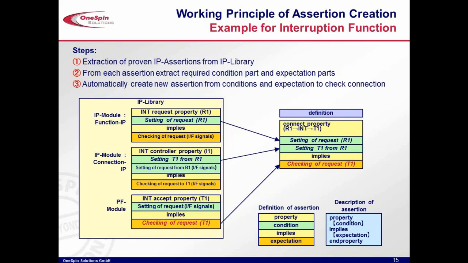So here you see this assertion was developed for one module, this for another module, this for another module. They are developed in this style: something implies something else. And then they take pieces of this and build, somewhat automatically, a new assertion that is looking at SoC level functionality, and can then be used to verify functional connectivity at SoC level.